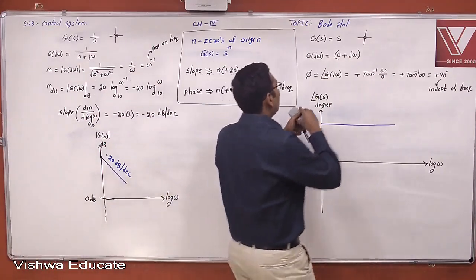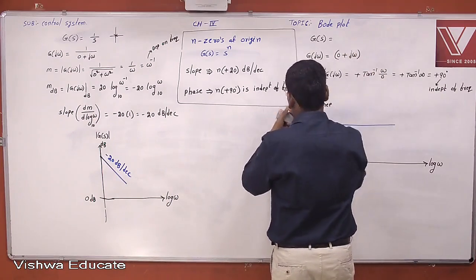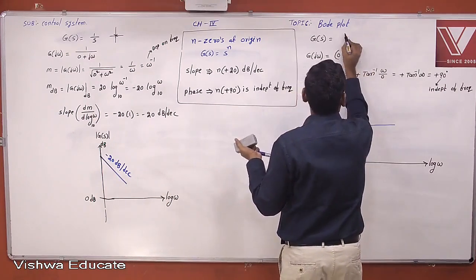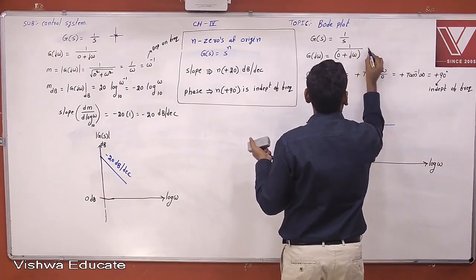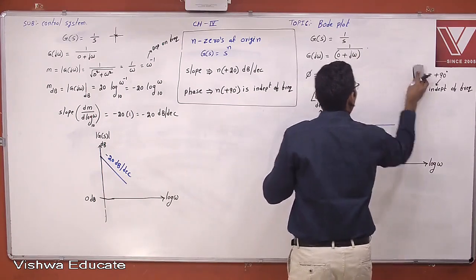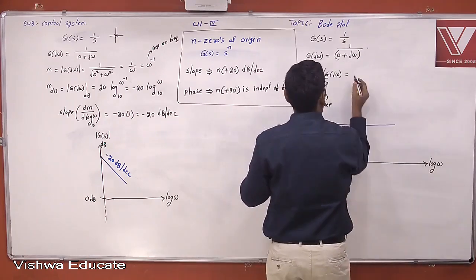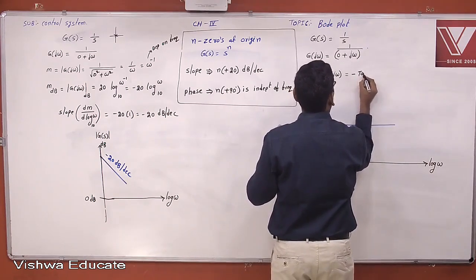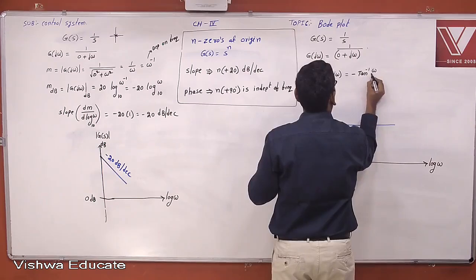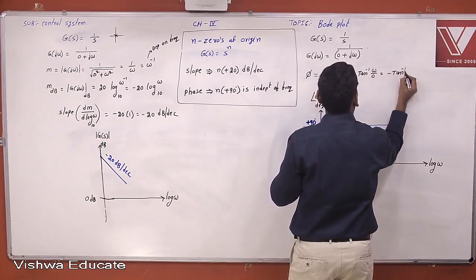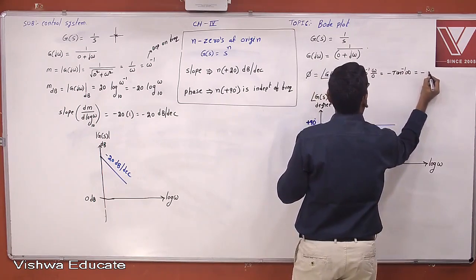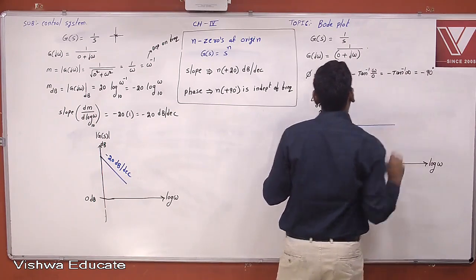Now similarly, what about the phase? One pole at origin, 1 by S. The phase angle is for the denominator, therefore minus tan inverse of imaginary part by real part, which equals minus tan inverse infinity, which equals minus 90 degrees.